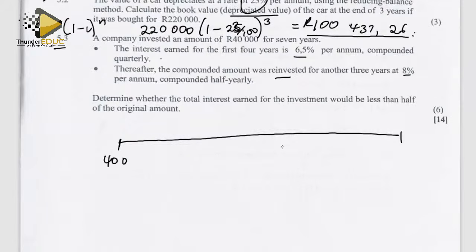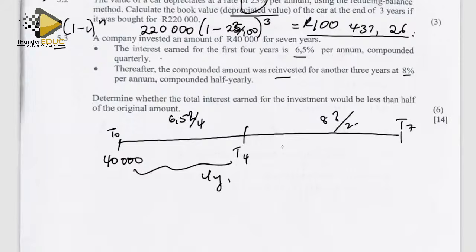So this is 40,000, this is T0 up to T7, at exactly T4. So this is going to be 6.5% quarterly, and then this is going to be 8% half yearly. Okay, so meaning we have 4 years, we have 3 years.